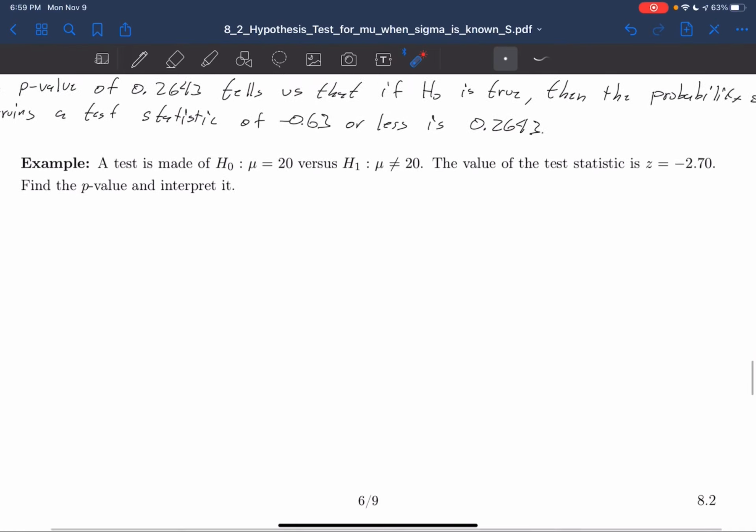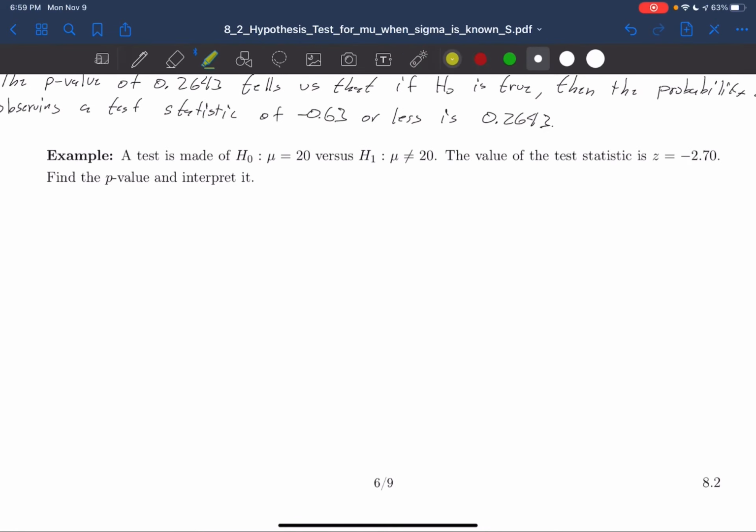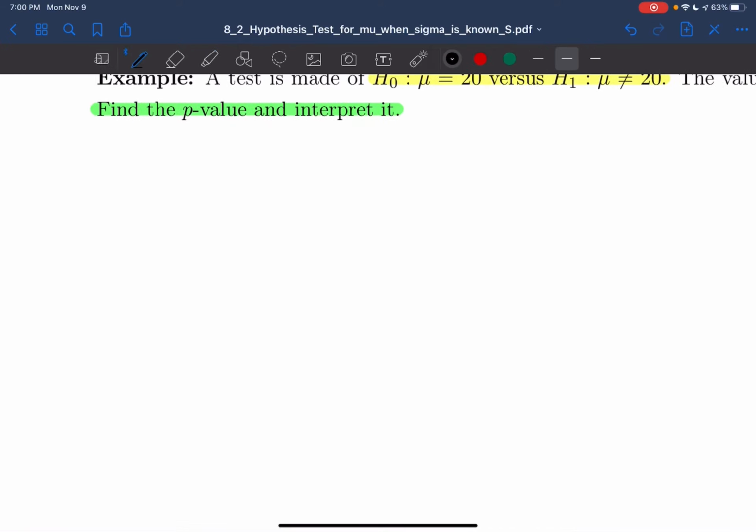Okay, last example. Here we have a test where mu is equal to 20 and mu is not equal to 20, and the value of our test statistic z is negative 2.70. We want to find the p-value and interpret it. So here our H sub 0 will be mu is equal to 20, and our alternative will be mu is not equal to 20.